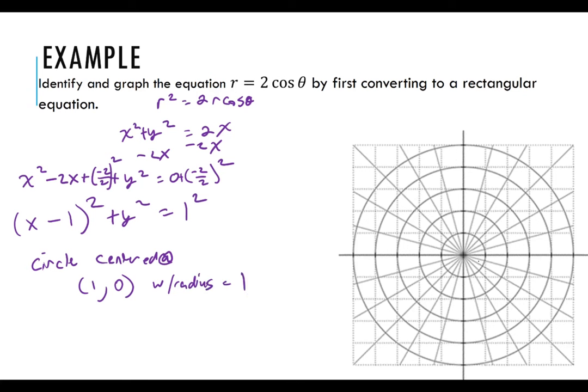And so 1, 0, just as a whole placeholder, has a radius of 1. So here, here, here, and here. If I had a compass, I'd have a much better circle. Notice now that I can say that r is equal to something times cosine of theta means it's probably going to be a circle shifted left or right.